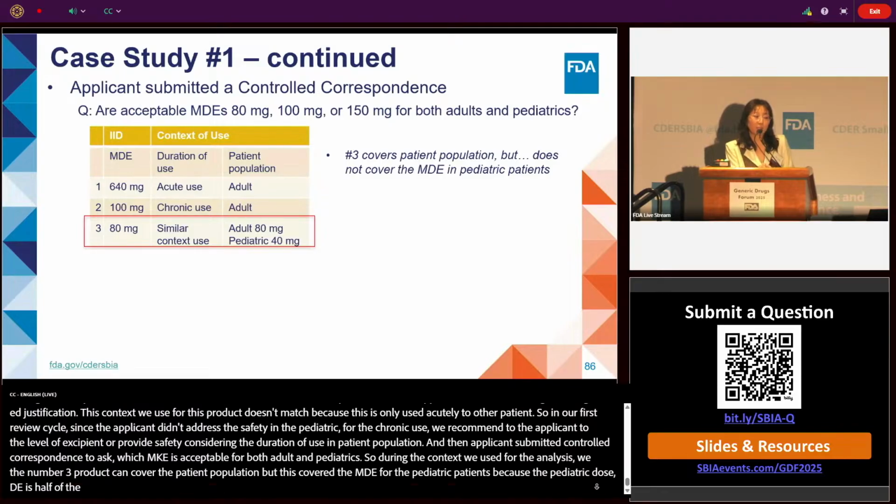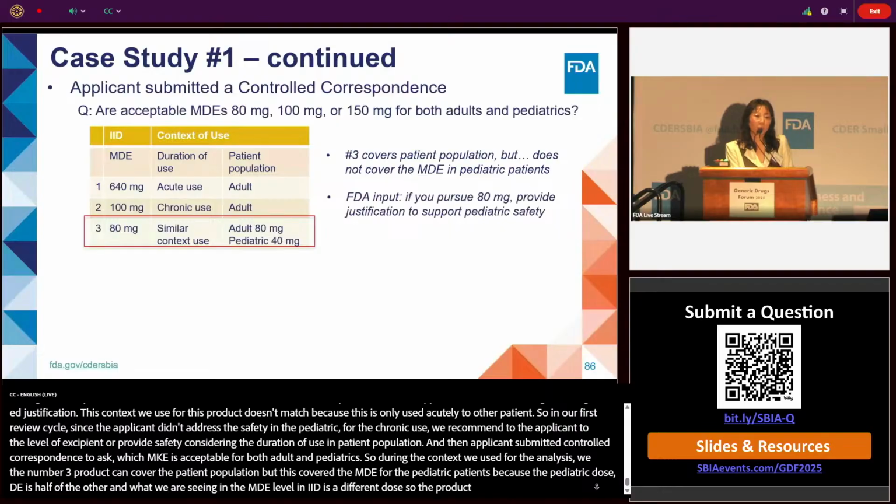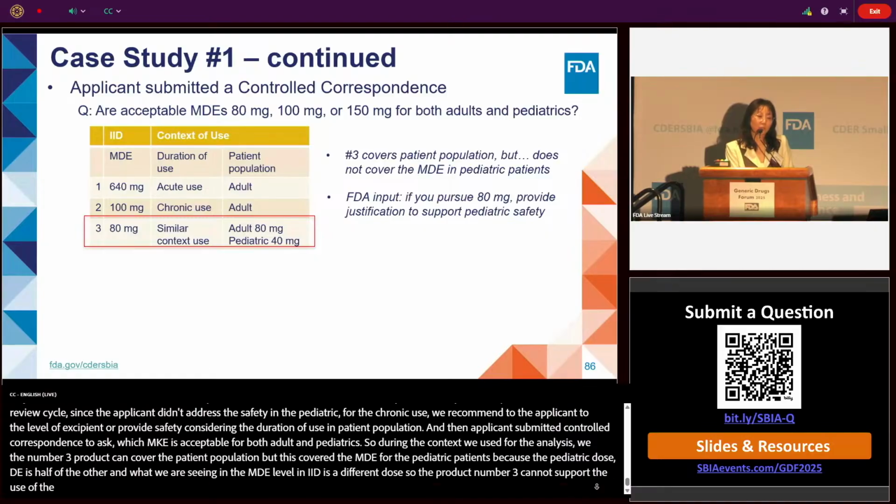And what we are seeing as the MDE level in the IID is the adult dose. So product number 3 cannot support the use of this 80 milligrams per day, and we recommended the applicant provide justification to support pediatric safety.